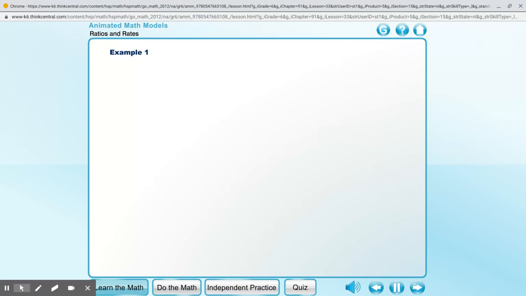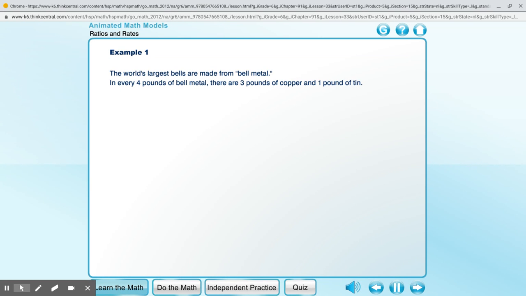Example 1. The world's largest bells are made from bell metal. In every 4 pounds of bell metal, there are 3 pounds of copper and 1 pound of tin. Write a ratio. You can write a ratio comparing pounds of copper to pounds of tin.